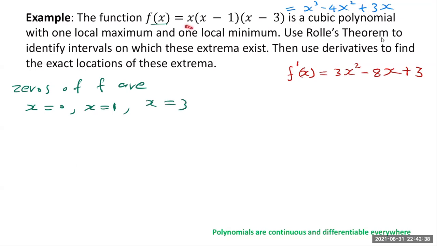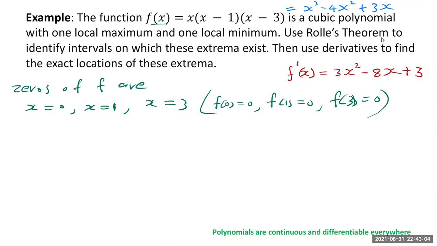Those are the zeros of this function. You basically set these linear factors to 0 to find zeros. So what this tells you is that f of 0 is equal to 0, f of 1 is equal to 0, f of 3 is equal to 0.